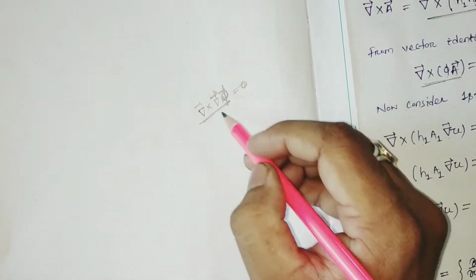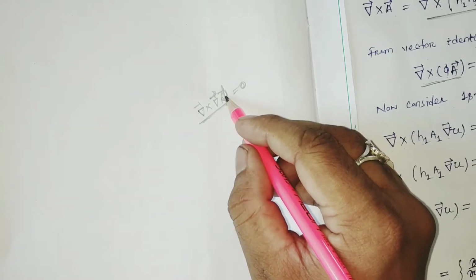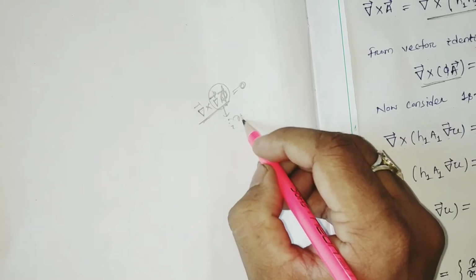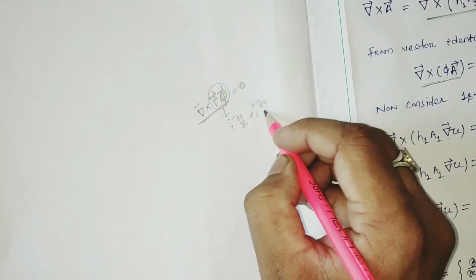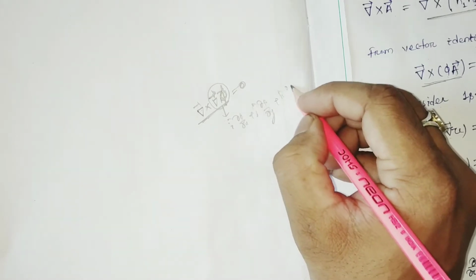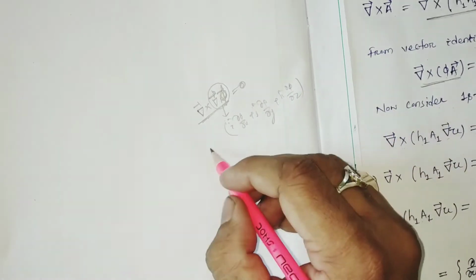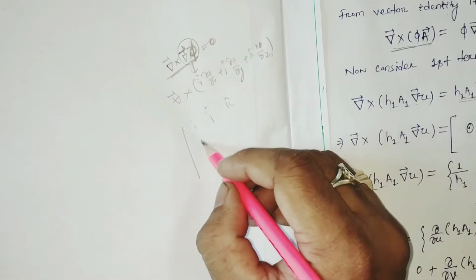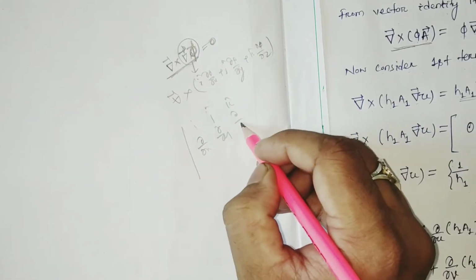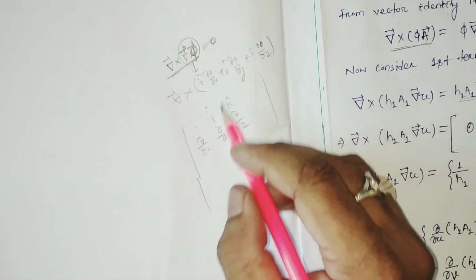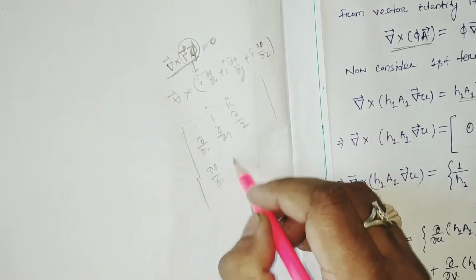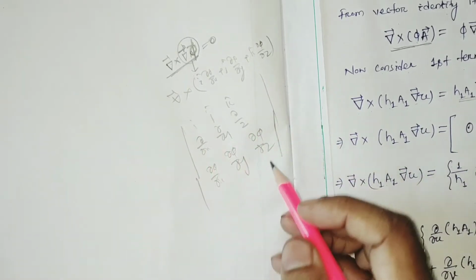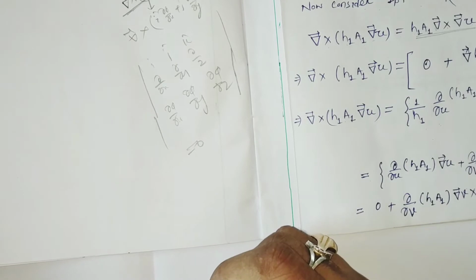First, del phi will be i cap del phi by del x plus j cap del phi by del y plus k cap del phi by del z. Then del cross means the determinant of i cap, j cap, k cap, del by del x, del by del y, del by del z, and del phi by del x, del phi by del y, del phi by del z. If you solve it, you can find the answer will be 0.